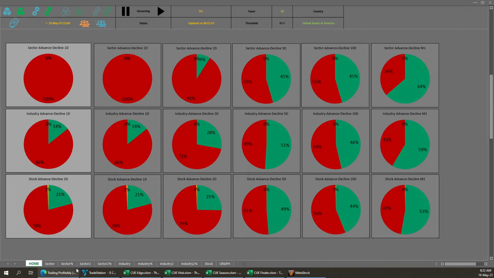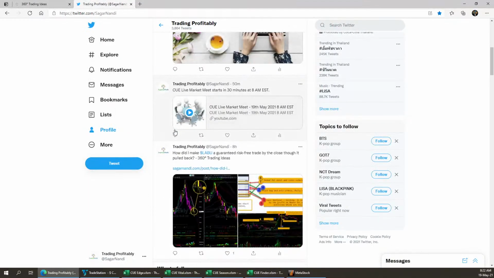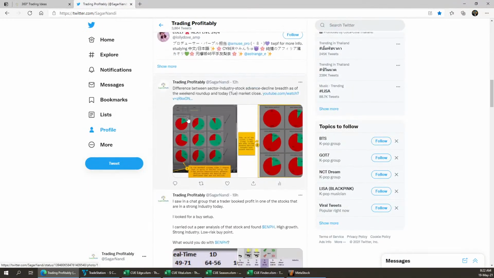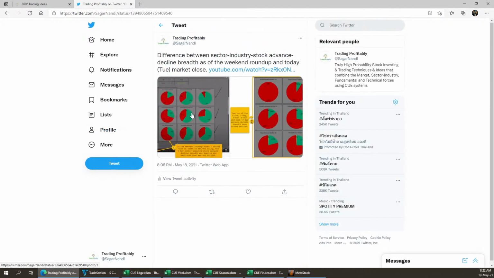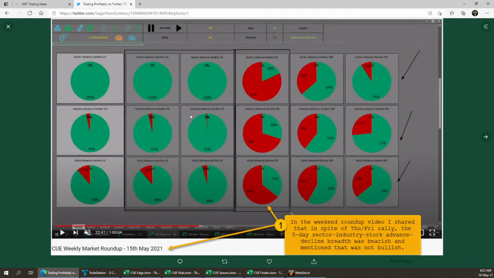And I think I have that post in a tweet. I compared here. This is a snapshot from the weekend market roundup.